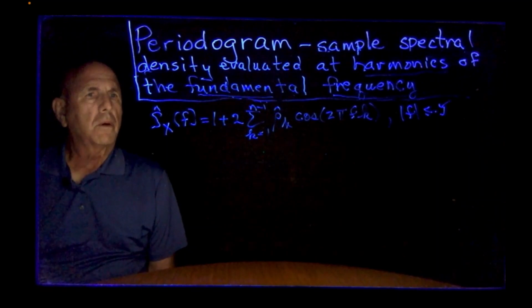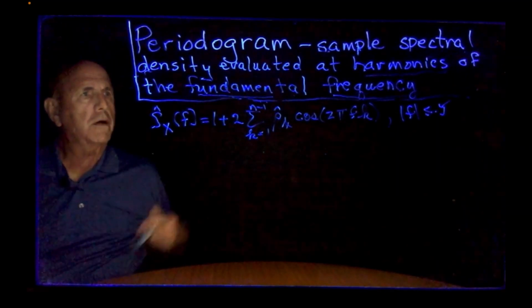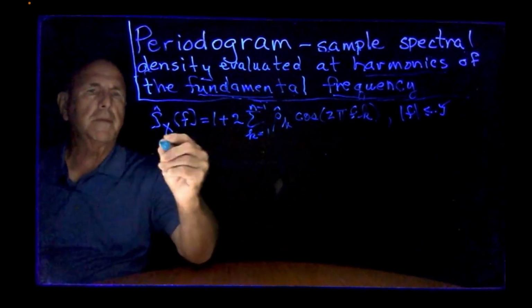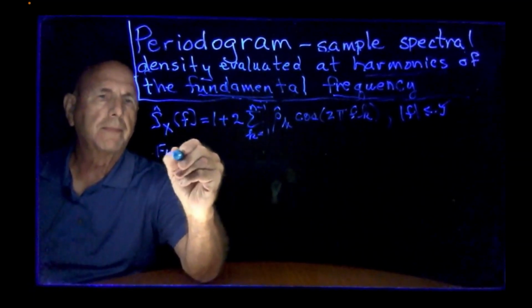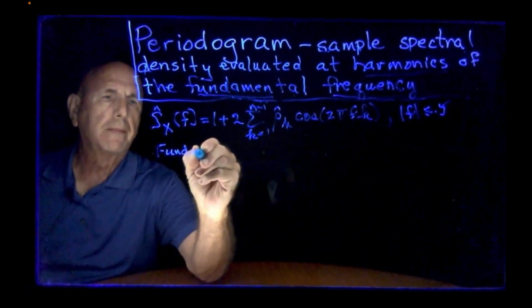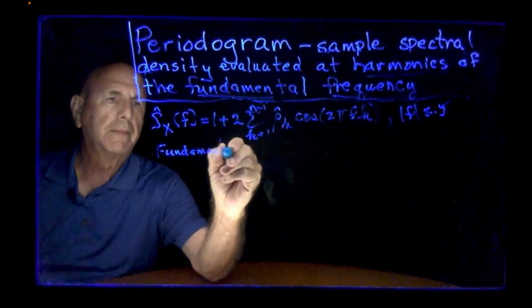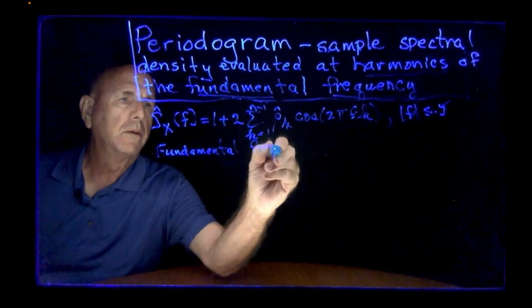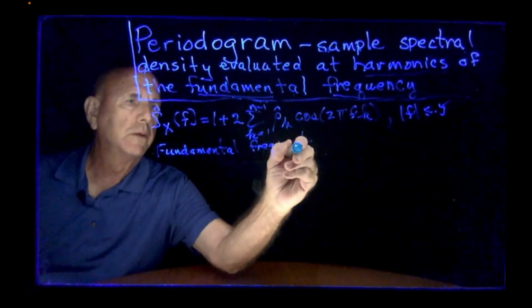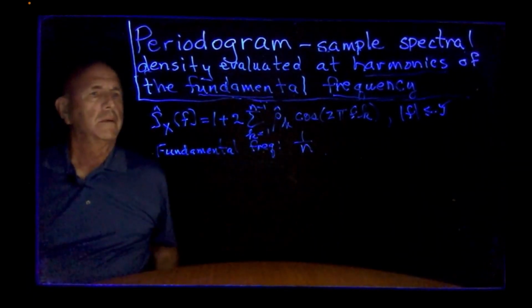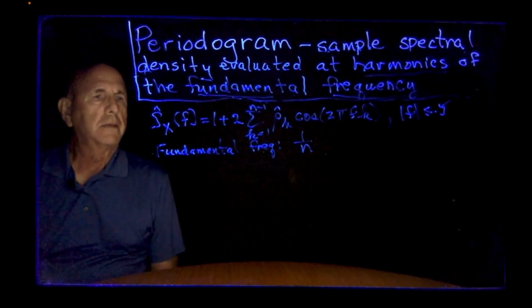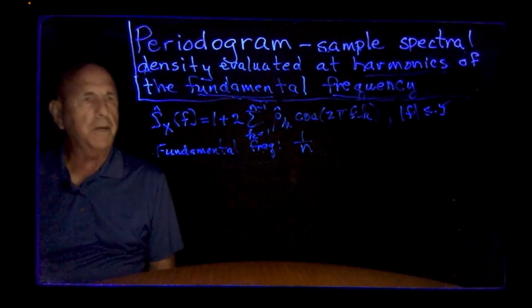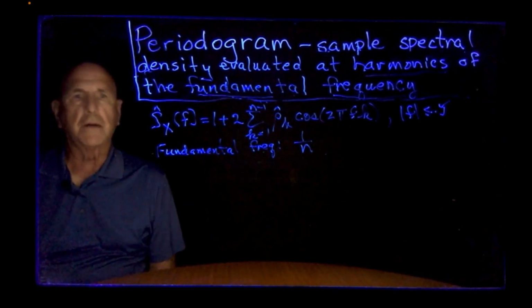So we need to talk about harmonics and fundamental frequency. The fundamental frequency is 1 over n. That would mean the fundamental frequency is associated with a period of n, the length of the series.